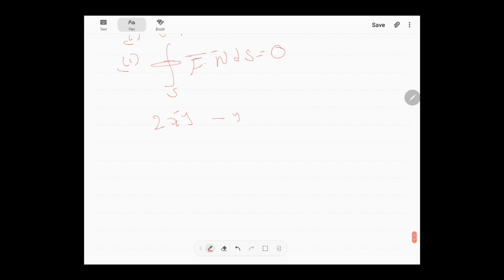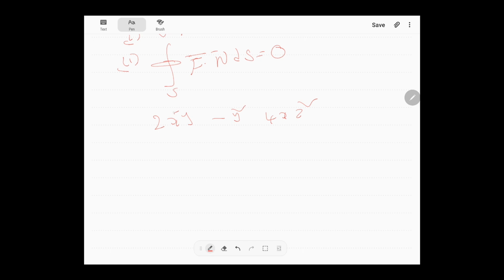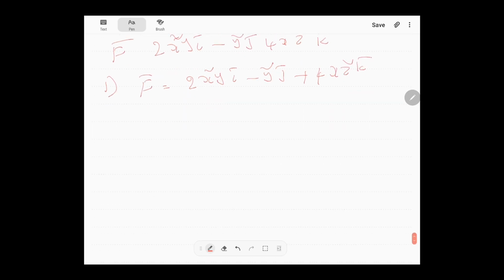F bar is equal to 2x square y i bar minus y square j bar plus 4xz square k bar. This is my f bar. Very nice. Now the surface.